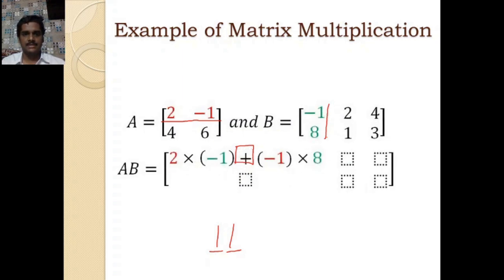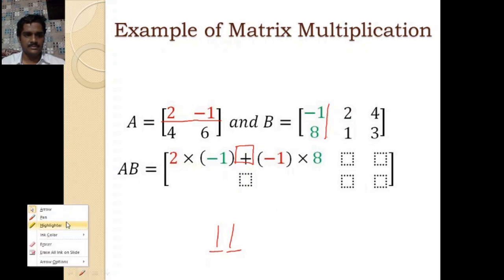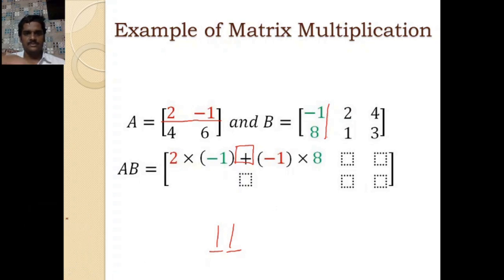See this. So this 2 multiplies with this minus 1 plus this minus 1 multiplies with this 8 to give you the first element.